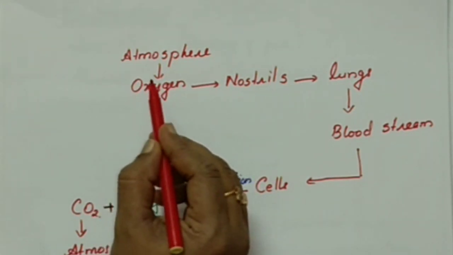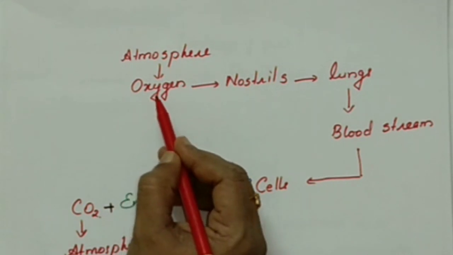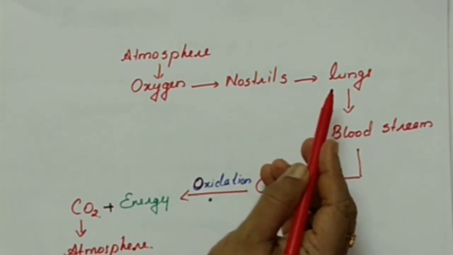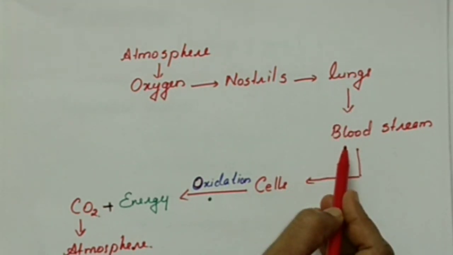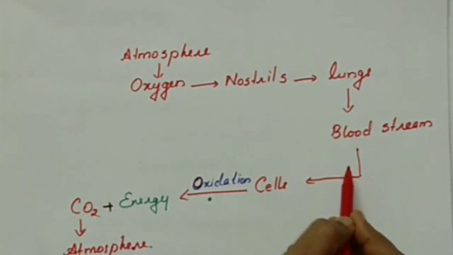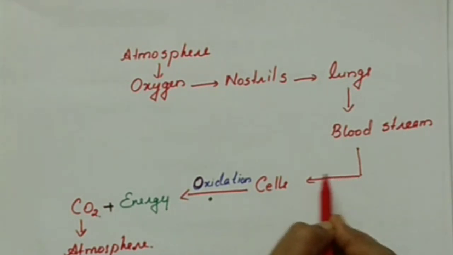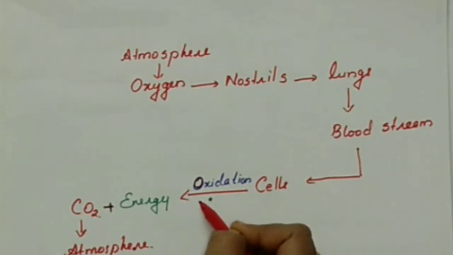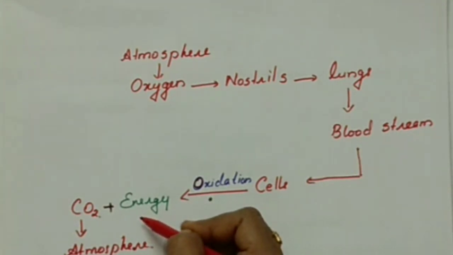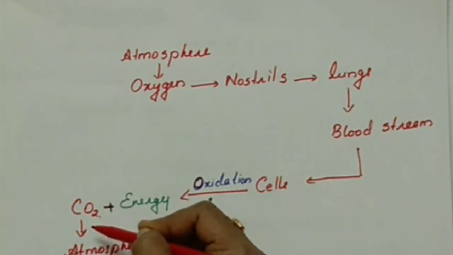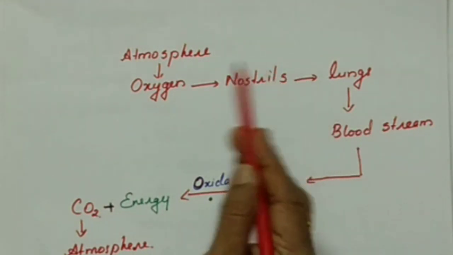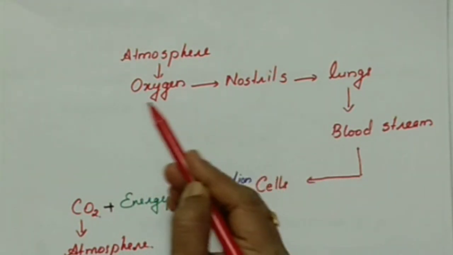Air enters through the nostrils and it will finally reach the lungs, and from the lungs it will reach the bloodstream, and through the blood it will reach each and every cell in our body where energy is to be released. And in the cells, oxidation takes place, the energy is released, and the carbon dioxide formed as a byproduct will be taken back to the lungs and released into the atmosphere.